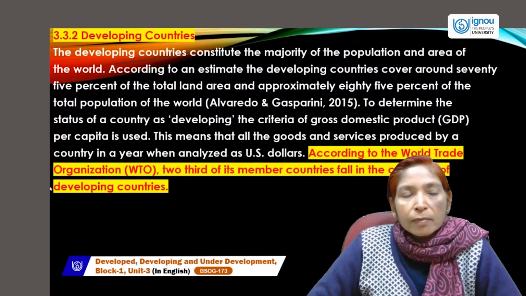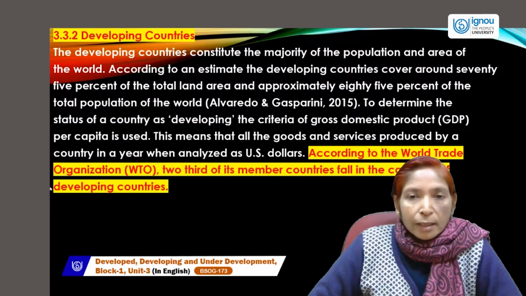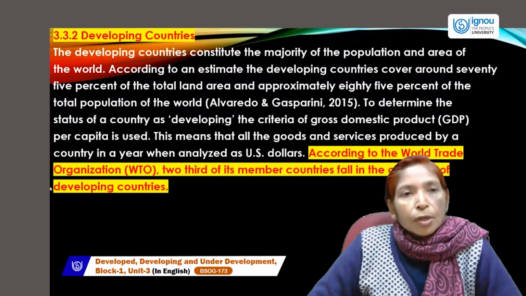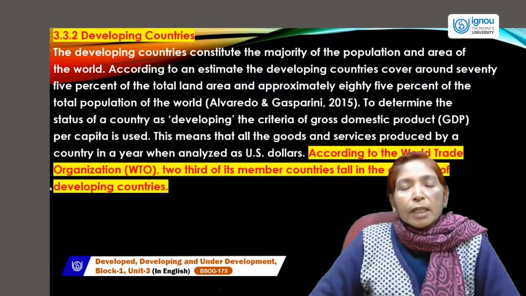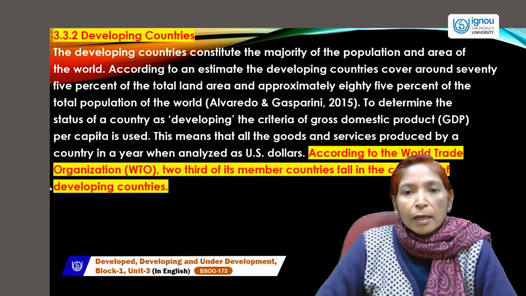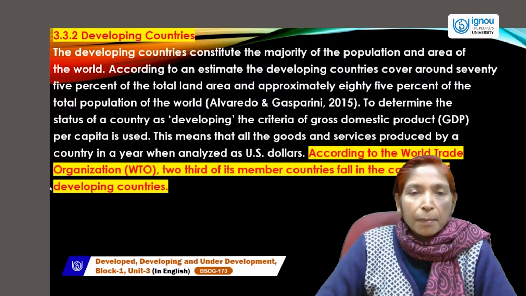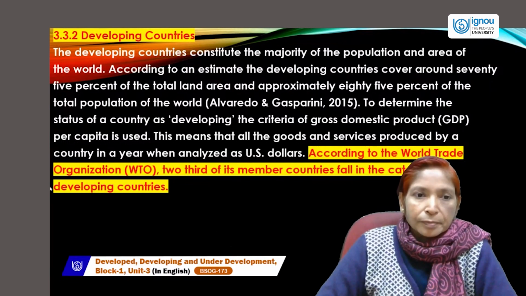Land area is 75%, but the total population is 85%, more than the land area. To determine the status of a country as developing, the criterion of gross domestic product per capita is used.